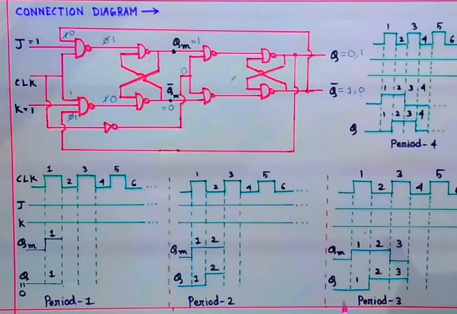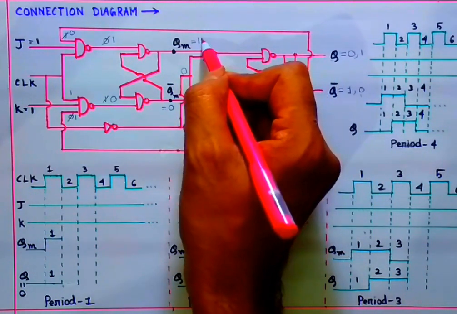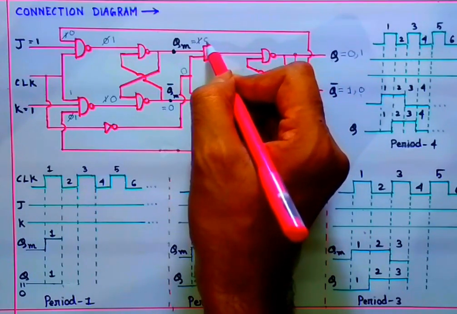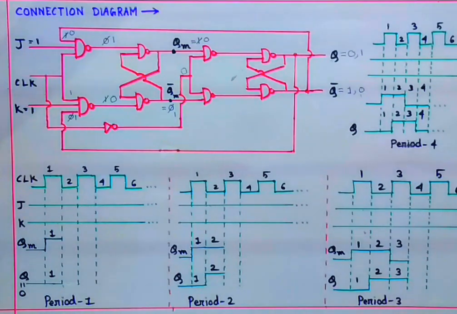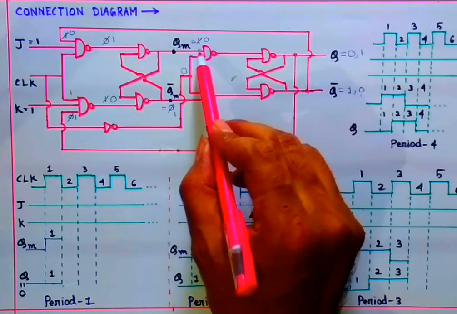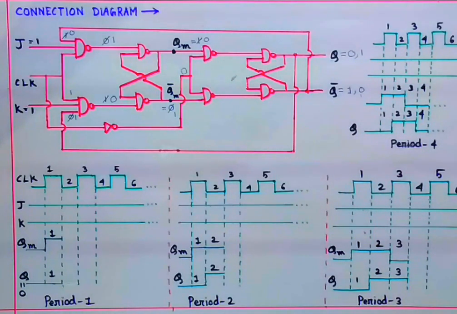That means obviously the output will be 0 here and 1 here. So QM becomes 0 during period 3. You can see from this timing diagram QM jumps to 0 from 1 during period 3.